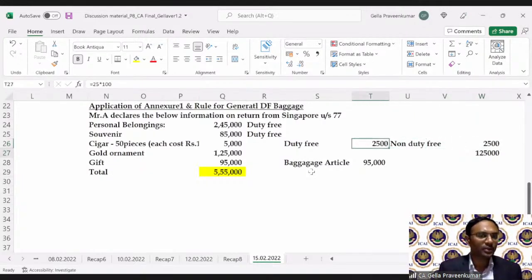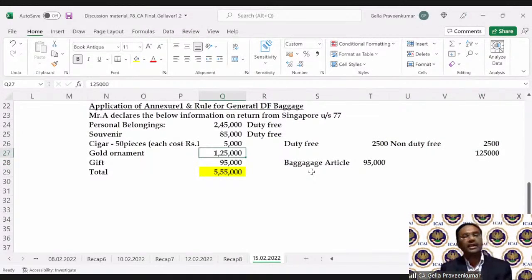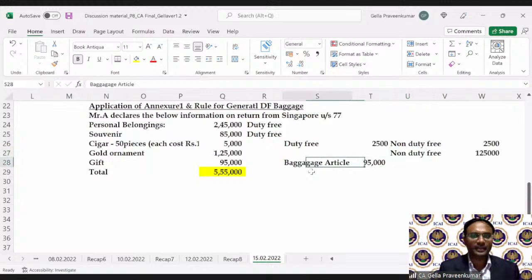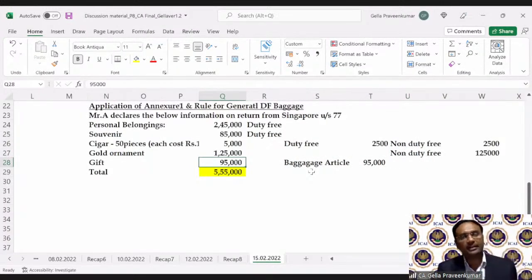Now, with respect to gold ornaments, they say gold or silver in any form other than ornaments. So, Annexure 1 is permitting me gold or silver in any form other than ornaments. So, here I brought it as an ornament. So, I am calling again this is a non-duty-free. Gift, it can be forming part of my baggage. I have brought it as a baggage.